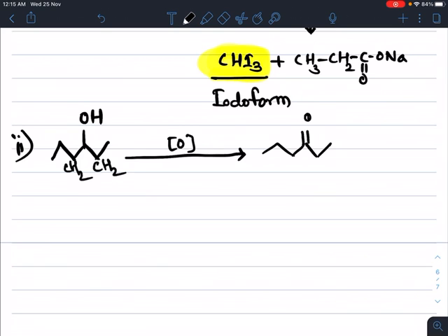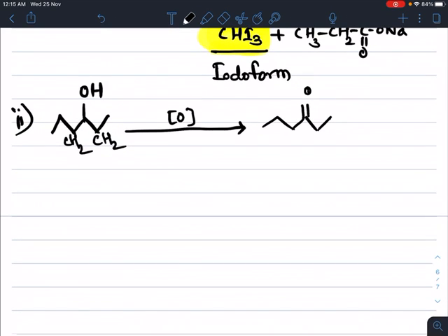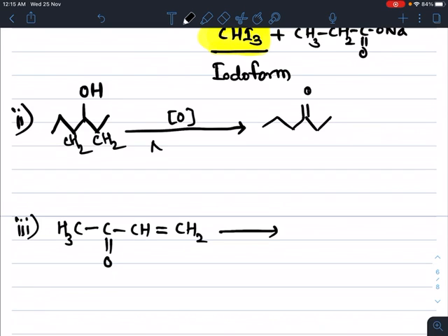Now one more limitation is there, and this is the most important thing. If a carbon-carbon double bond is present in any aldehyde, ketone or alcohol, that is, an unsaturated one, suppose we take the example of CH3CO-CH=CH2, tell me whether this compound undergoes the haloform test or not.